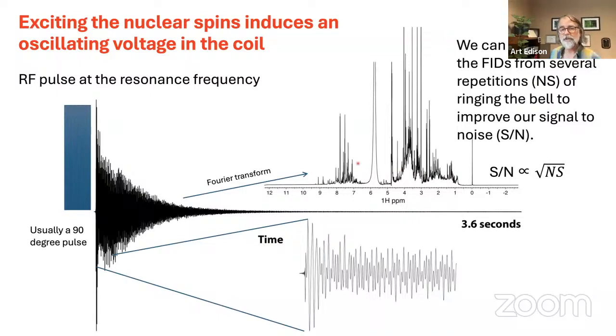The frequency domain signal is the thing that we most often look at in NMR. This is the same urine spectrum that I showed you before. This is the time domain signal that underlies it, what we actually measure on the spectrometer, and we normally convert it into the frequency domain through the Fourier transform.